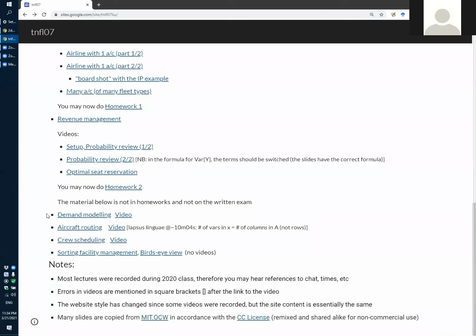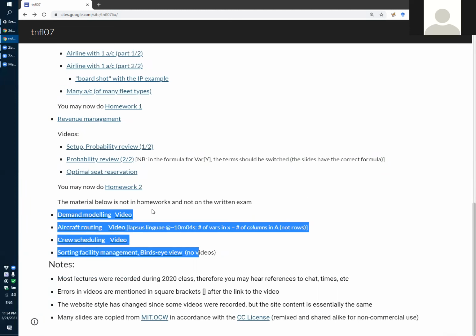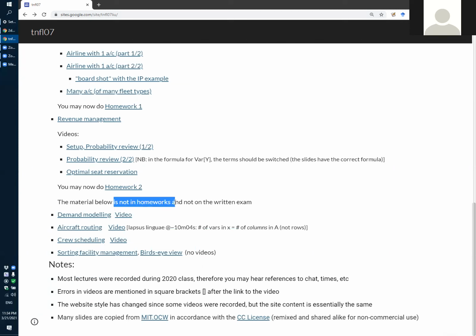And then there is some more material for which there are slides and videos, but this material is not on the homeworks and it will not be on the exam, but still good to know. For the last one, there are no videos, just the slides. So a few notes. Most of these videos were recorded during the class in 2020 when it was taught remotely for the first time.